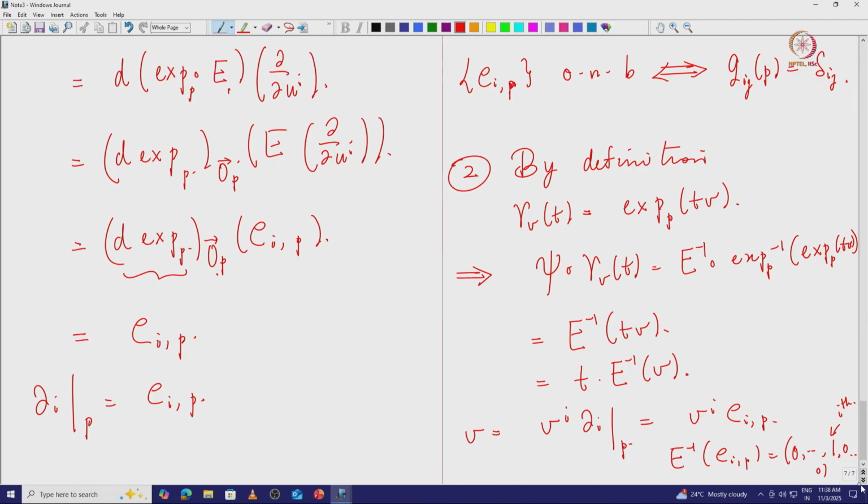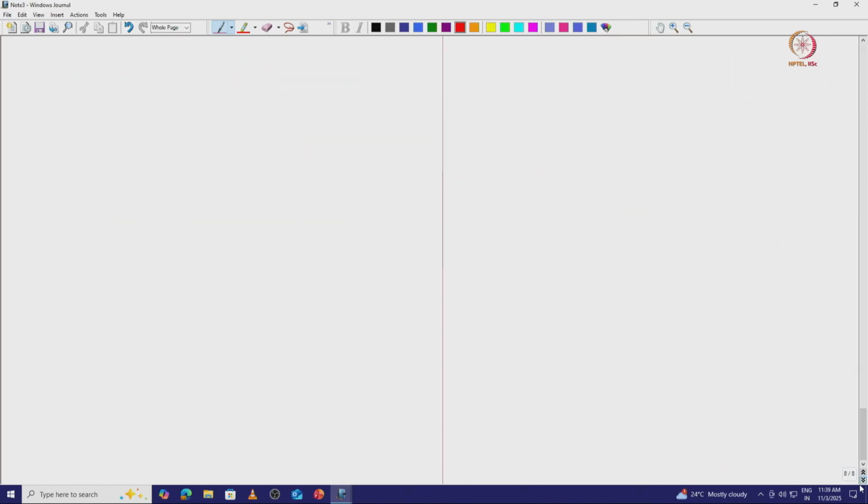So that just means that psi of gamma v of t is simply given by t v1, t v2, etc. up to t vn. So my geodesic in these coordinates is simply given by this straight line path. This was what was claimed in part 2.